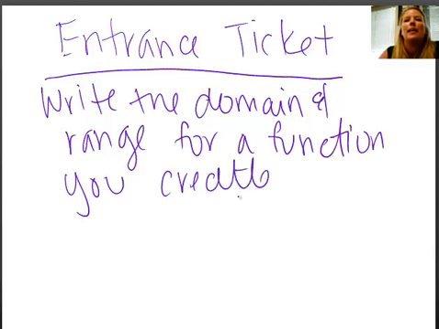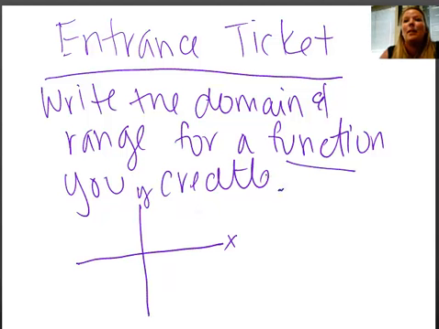So just like I did, I want you to draw your table, draw your x and y axis, come up with a picture of something that is a function, meaning that nothing repeats, no x or y repeats.